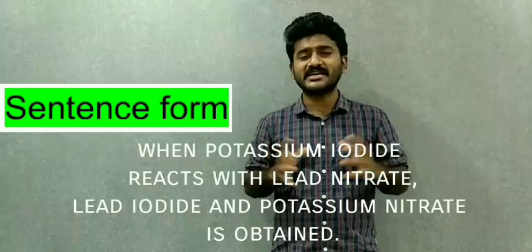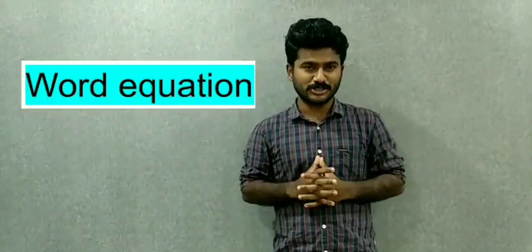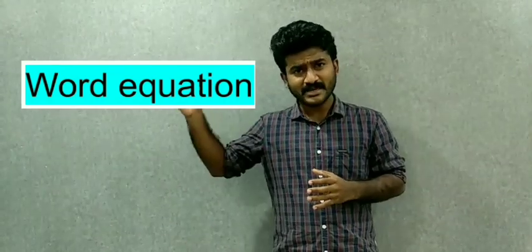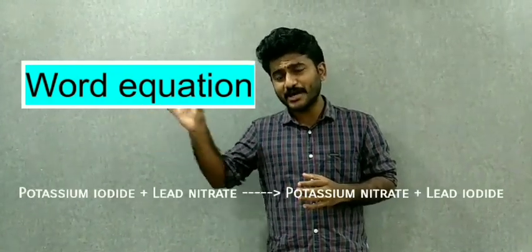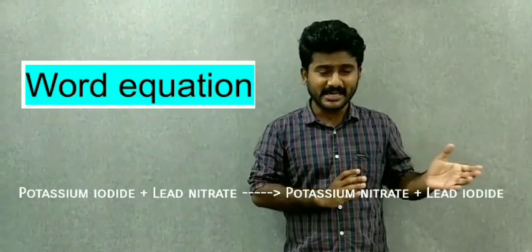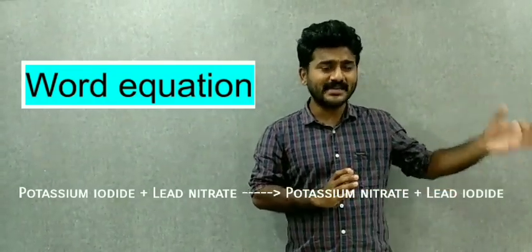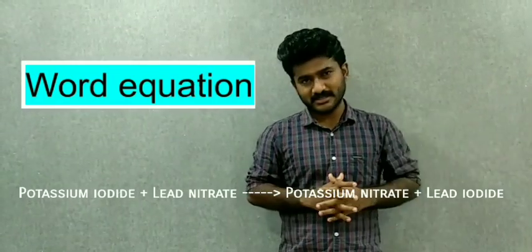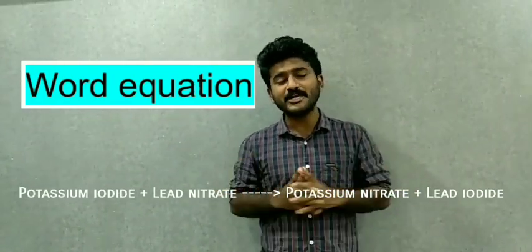So this will be the sentence form. If we are writing the same experiment in the form of a word equation, how will it be? Potassium iodide plus lead nitrate gives potassium nitrate and lead iodide. This will be the word equation.